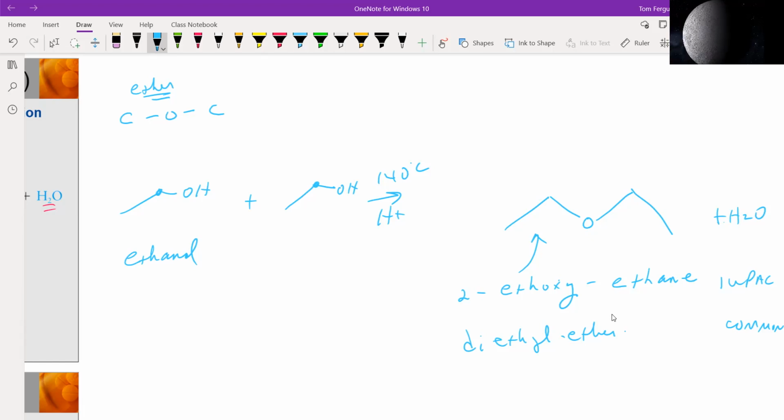Okay, so that's all there is to ethers. Take the two alcohols, stick them together, and those carbons attached to the hydroxyl groups form a COC bond. All right, we okay with that?